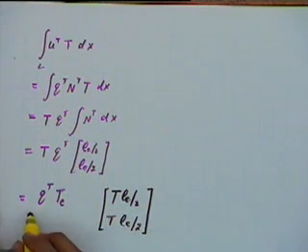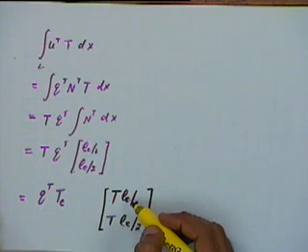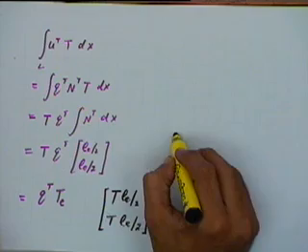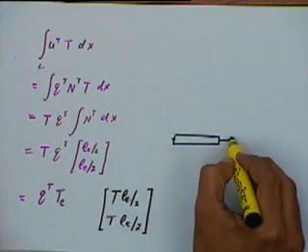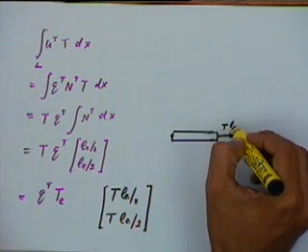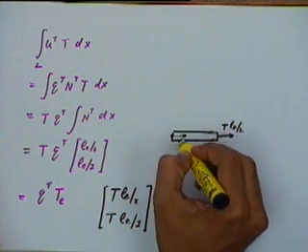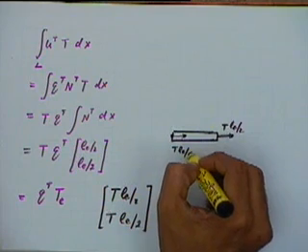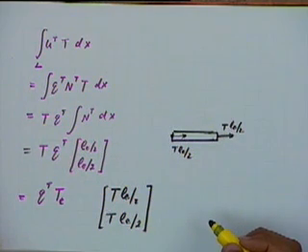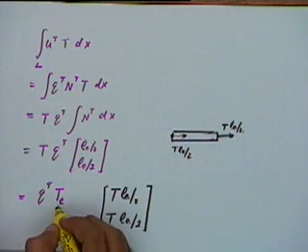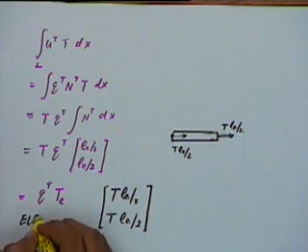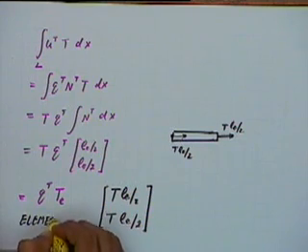Effectively this tractive force can also be treated as if it is split equally between the two nodes, with half the force acting here and the other half acting here. And this vector we can call the element tractive force vector.